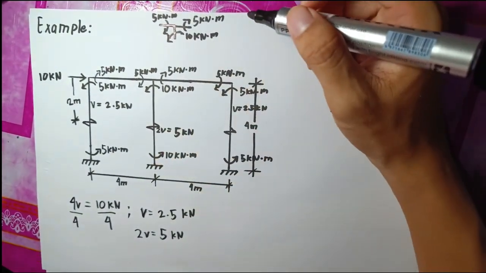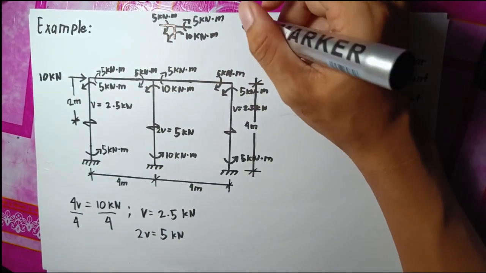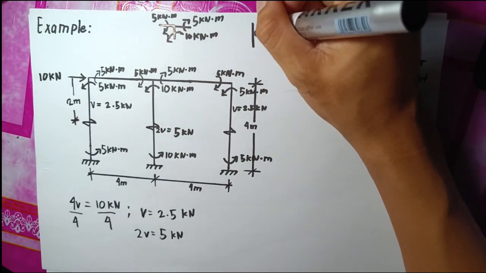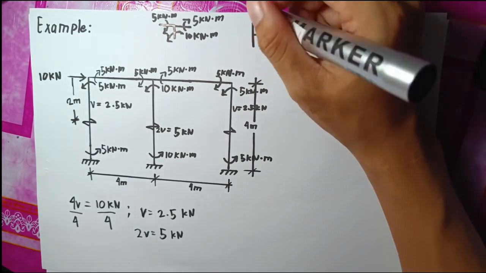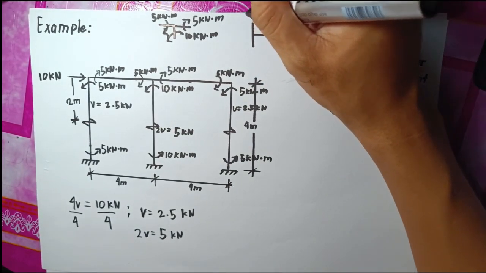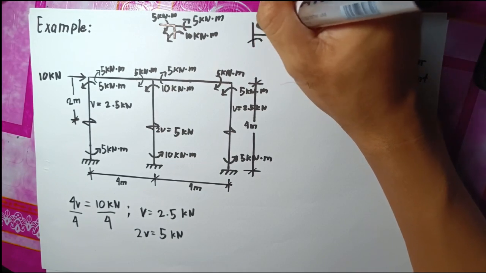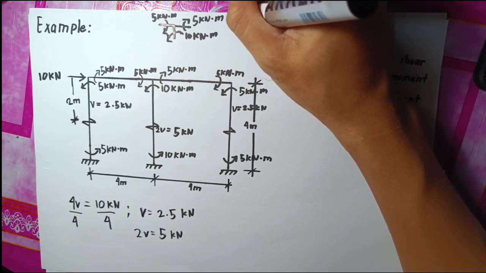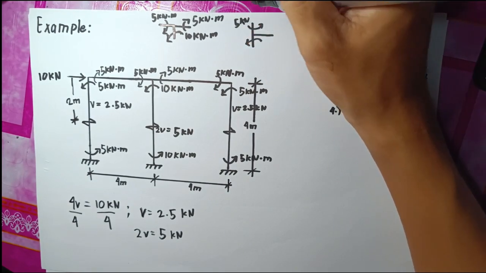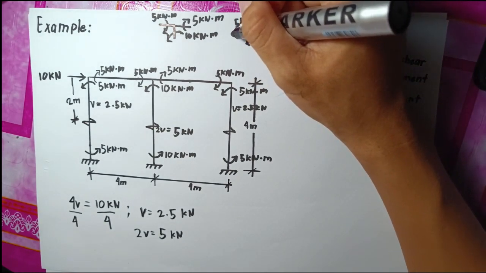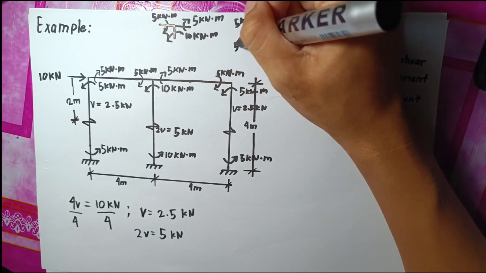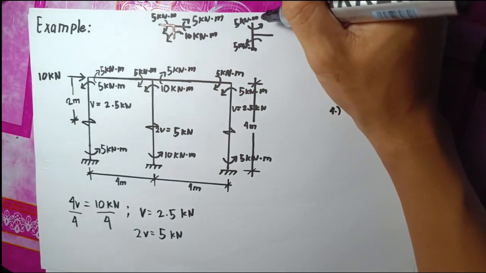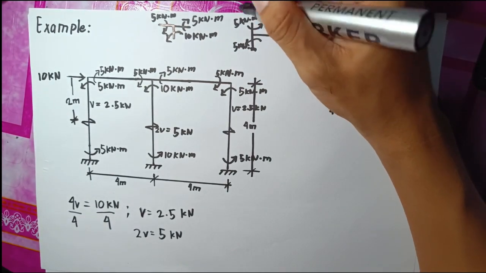So on the other hand, if you have one vertical column and you have a beam here in the middle, if the value is 5 kN meter here, you want to add it.